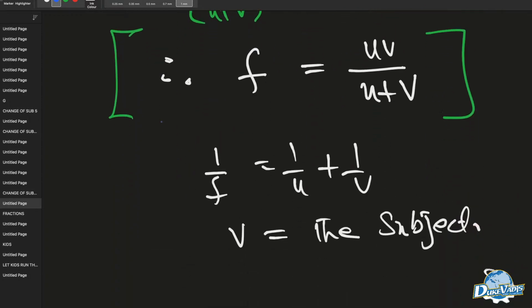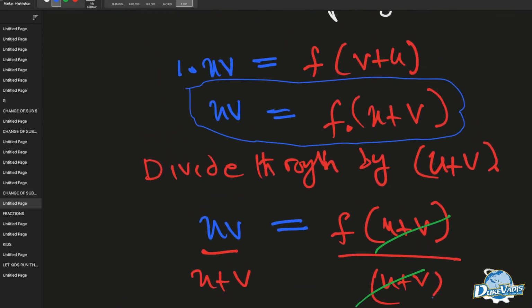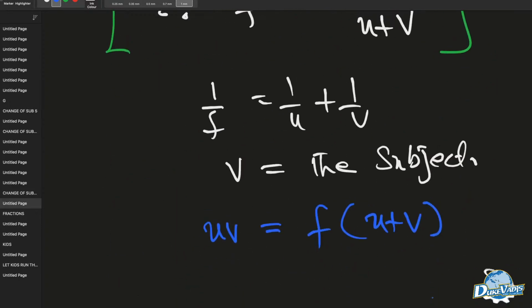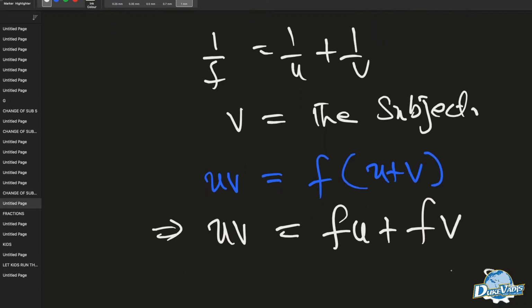With that in place, all we have to do is expand this equation. So this implies that uv is equal to fu plus fv. We have just expanded the right hand side.